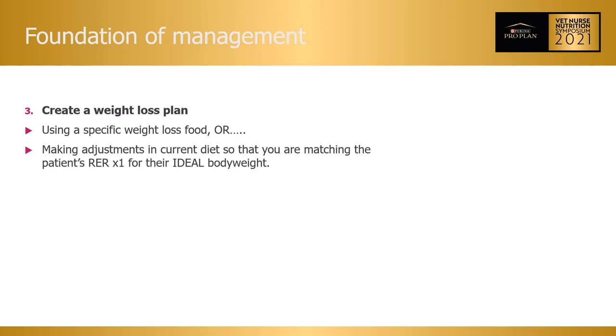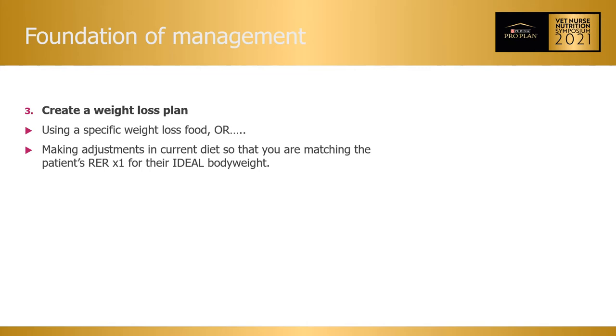Or we may have to make adjustments in the current diet of that patient, in which case you're aiming to match the patient's resting energy requirements times by 1 for their ideal body weight, and that's for weight loss.